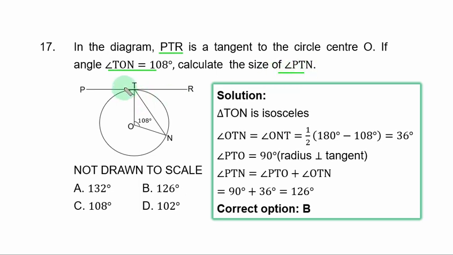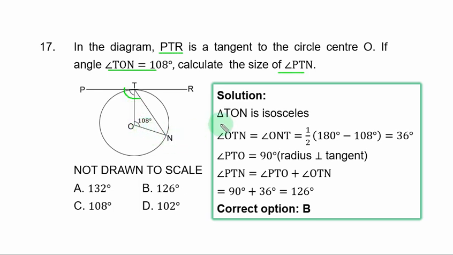That is the whole of this angle PTN. Now that angle is the sum of PTO and OTN or NTO. But before then, you observe that OT and ON are radii.